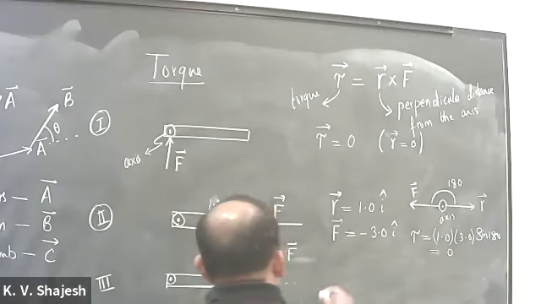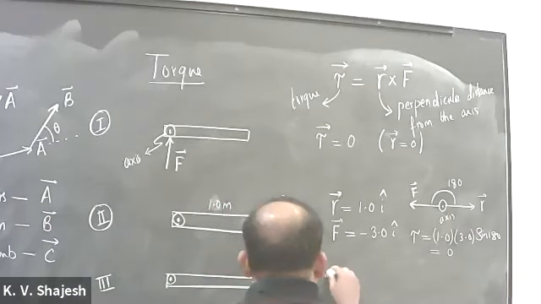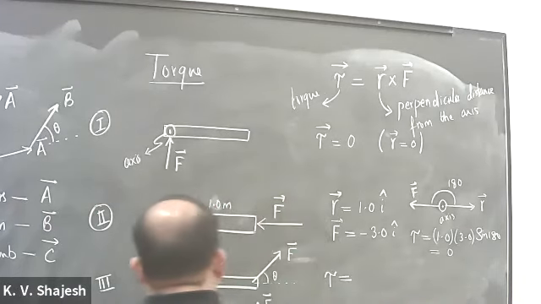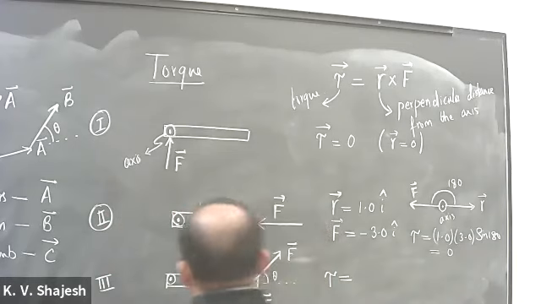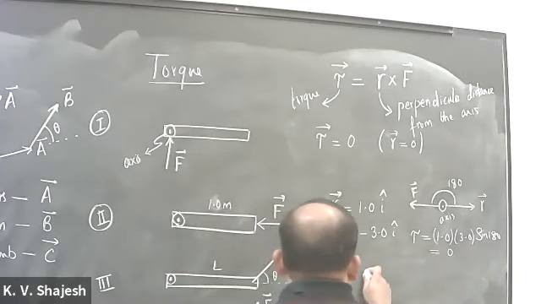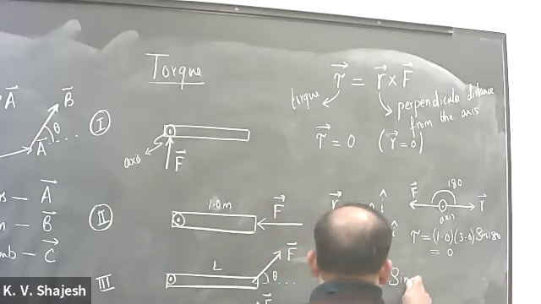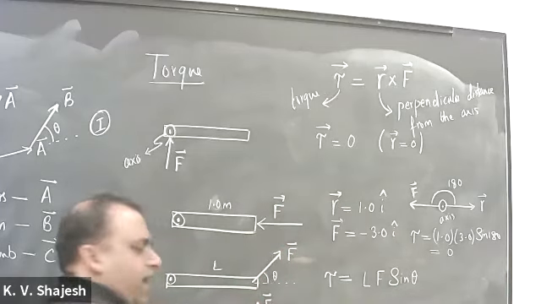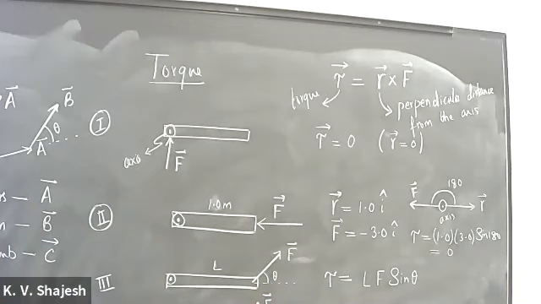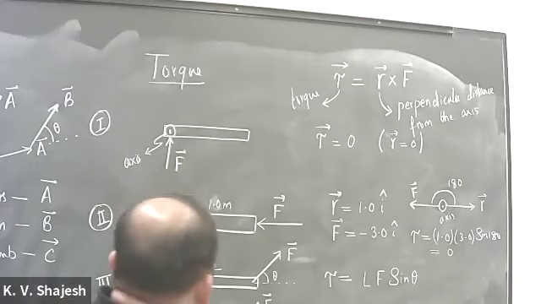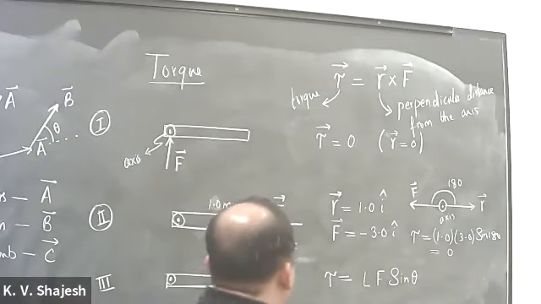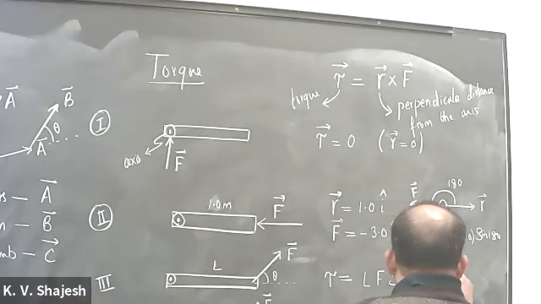In this case, the torque would be, let's say this is L, your L times F times sine theta. And if the angle was 45 degrees, it will be less than if it was 90 degrees. The sine function is maximum for 90 degrees. What is the direction here? Let's say the direction of the torque.